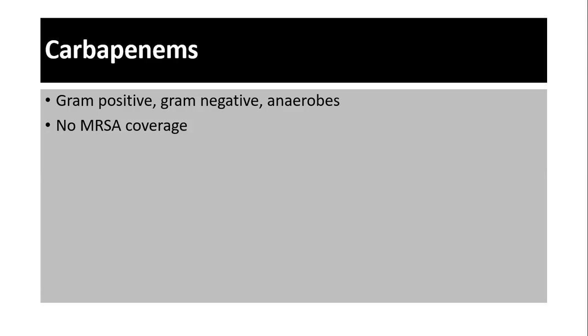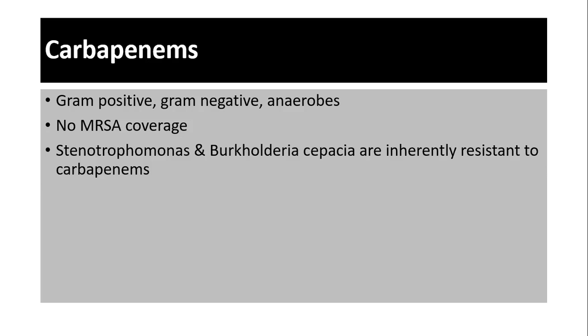So carbapenems have gram-positive, gram-negative and anaerobic coverage, but no MRSA coverage. Stenotrophomonas and Burkholderia cepacia are inherently resistant to carbapenems, a point which you need to remember. There is no cross sensitivity, another very important point. For instance, if you see a culture report in which the organism is sensitive to meropenem, it certainly does not mean that this organism is also sensitive to imipenem.